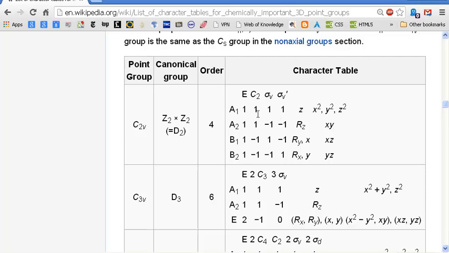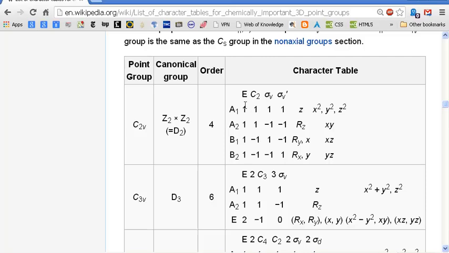If the C2 does not change sign, if it remains 1, then the irreducible representation, these rows, is called A. Here the C2 rotation changes sign to -1, -1, so they're called B. And then the subscript 1 and 2 correspond to what happens when you do a sigma V. If it's +1, subscript 1. If it's -1, subscript 2. So that's the nomenclature for this.